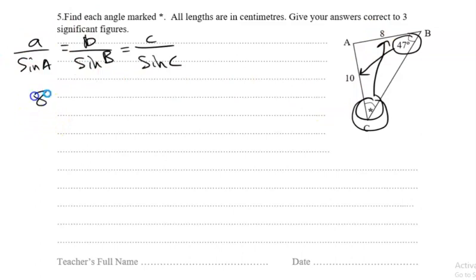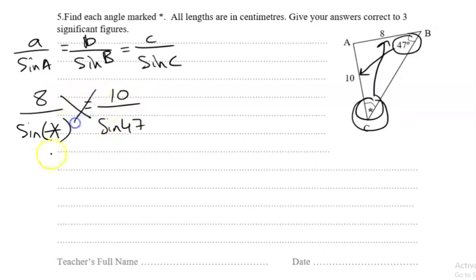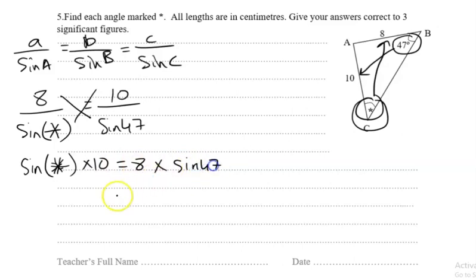So you're going to have 8 over sine, then that's going to be 10 over sine 47. Now we're going to cross multiply. Times it by 10 equals 8 times sine 47. So now you're going to move the times sign to the other side.